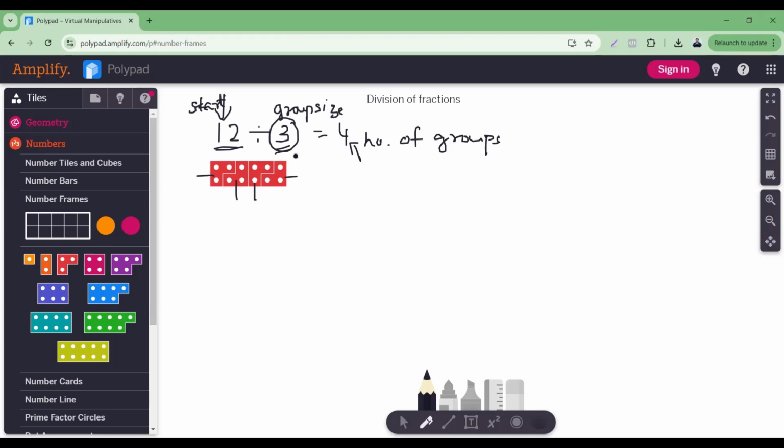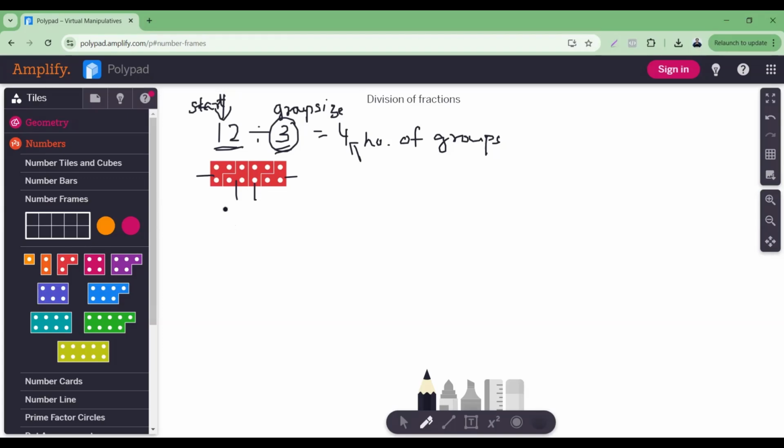When you group like that, how many such groups can be made? That will be your answer. The number divided by the group size gives you the number of groups. Keeping this in mind, let's try to do some division of fractions.